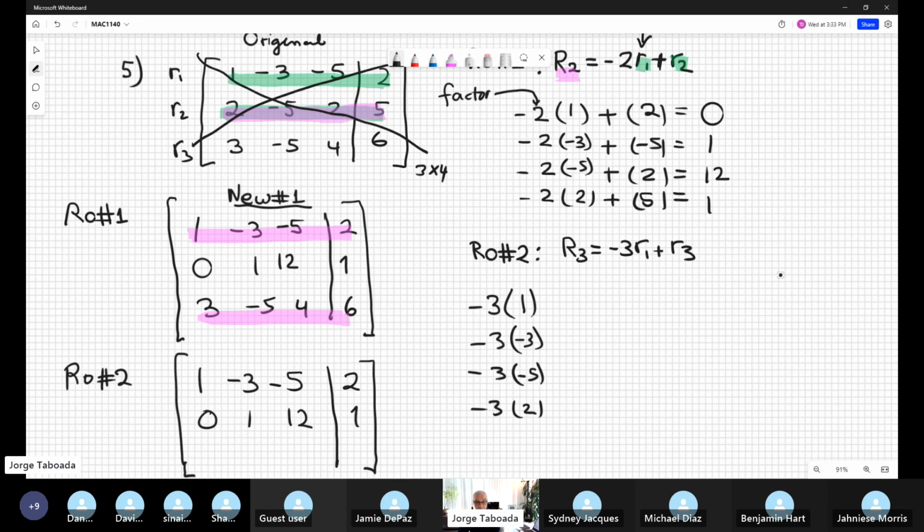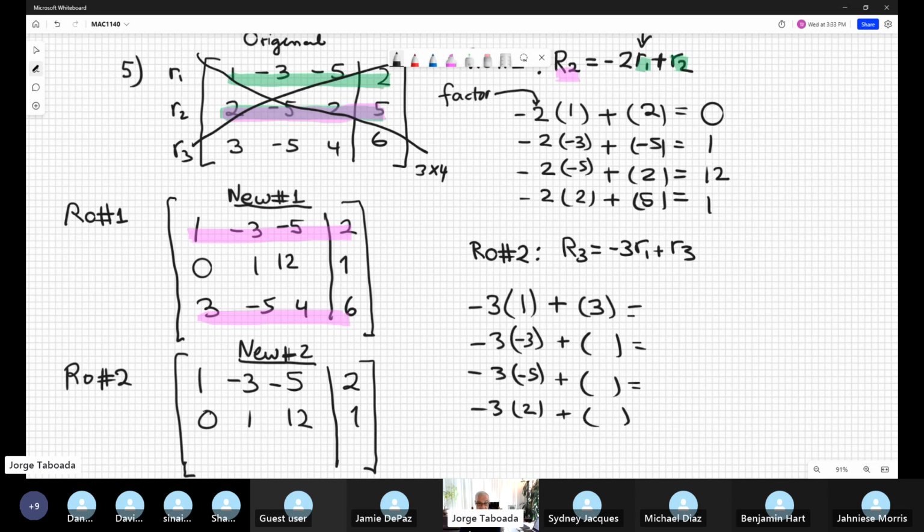Plus the row 3. The row 3 of the new number 1, in order to obtain new number 2.